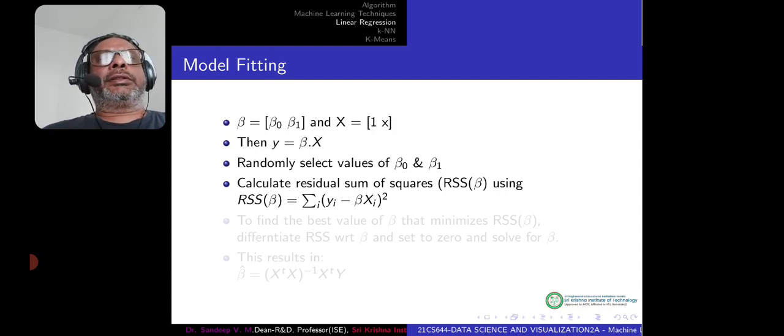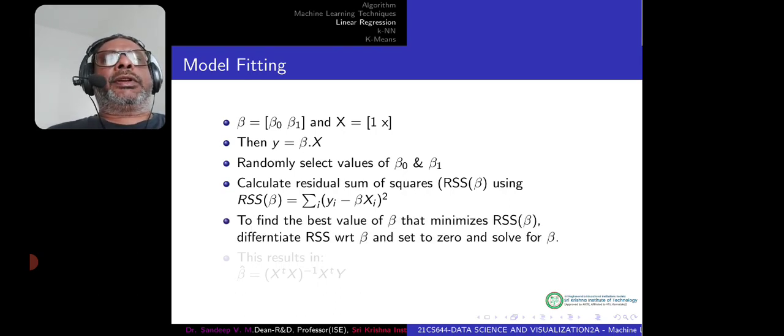So subtract that, and we get an error, and these errors sometimes may be positive, sometimes may be negative. So the overall total error, if we are trying to calculate, we need to sum them up. Then these positive negative errors should not cancel and give us an illusion that there is no error. So to ensure that there is no negative sign, we just square this difference. So we find the difference between the actual value and the predicted value, square them and then add them all together, and that will become the residual sum of squares.